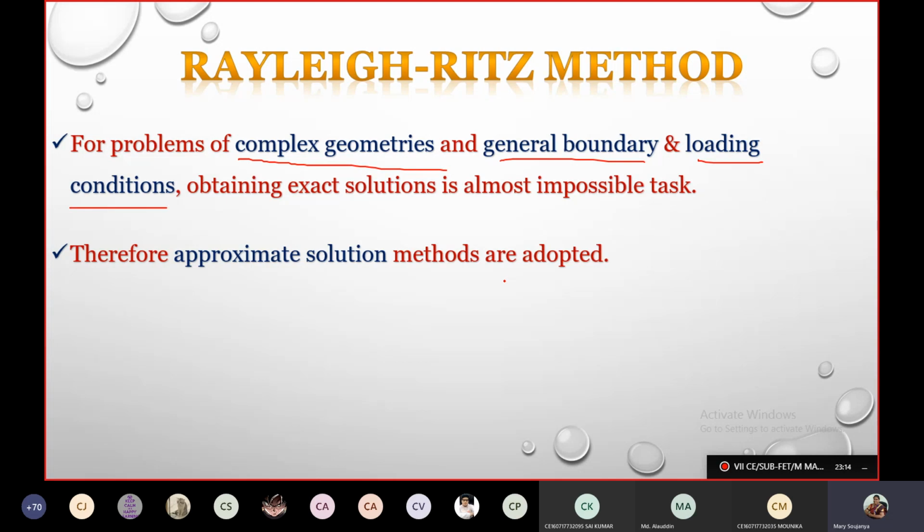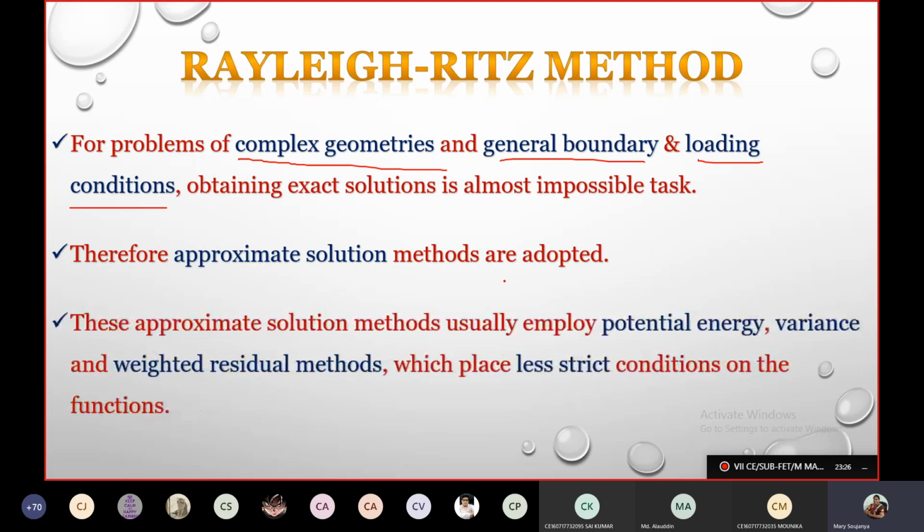We will reach at least the point where we can understand that this type of problem will give such type of output. So approximate methods are adopted. Now, why are we going for approximate solutions? When approximate solution methods are taken into account, they are not as strict as our classic methods.